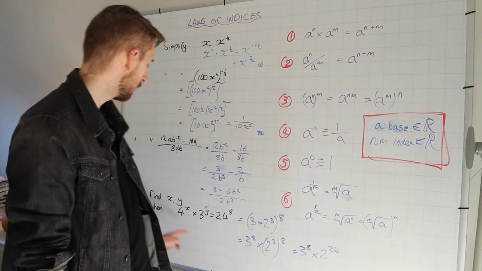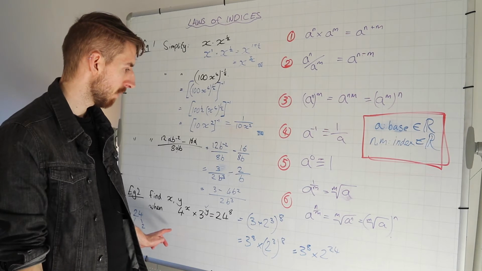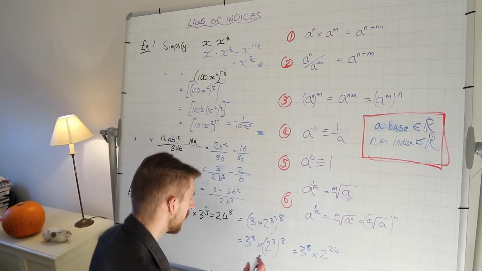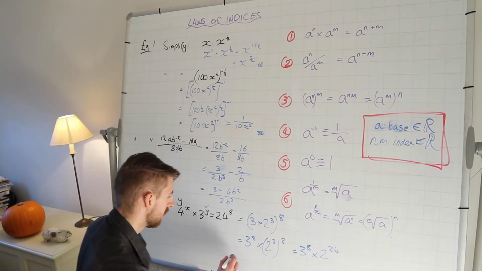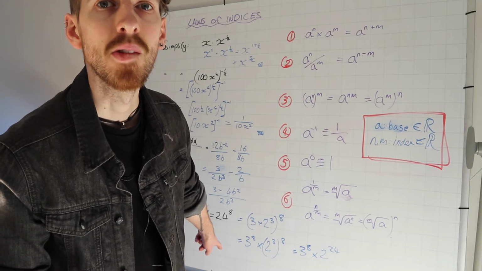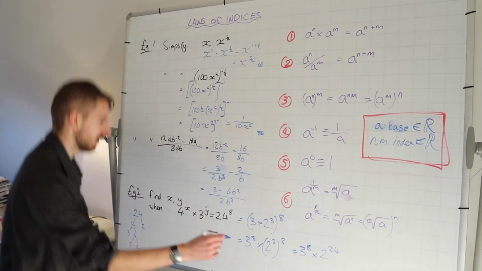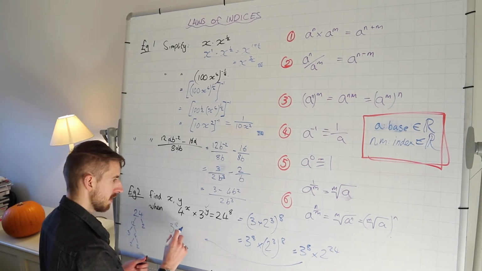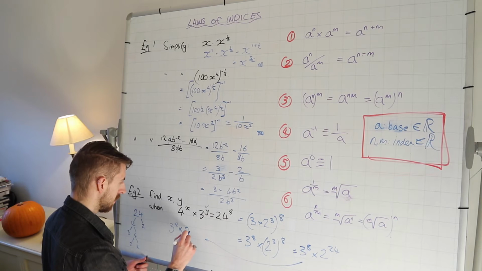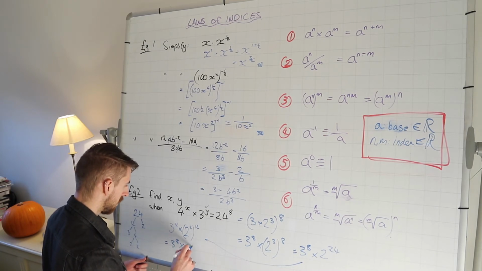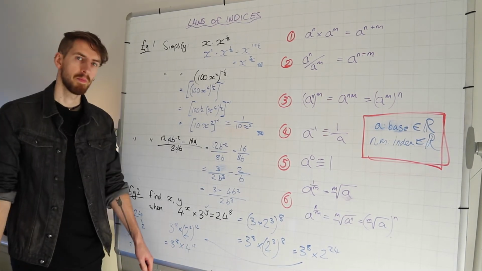So we want the base to be 4. We can get 4 from 2 by just squaring it. So all we need to do is quite simply, I don't even know if that's going to be on the screen there. It might be. Let's just finish it over here. That's it.